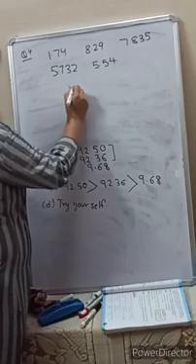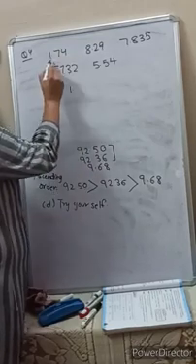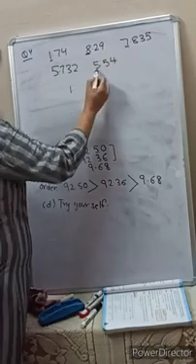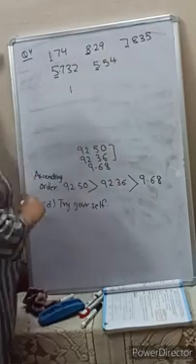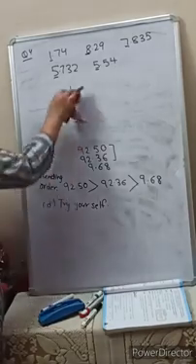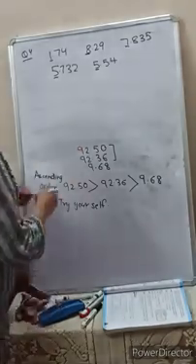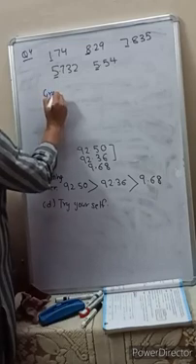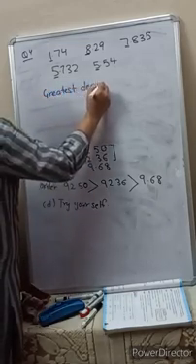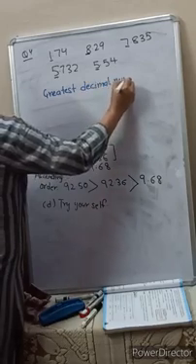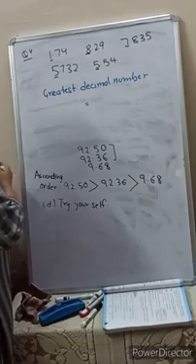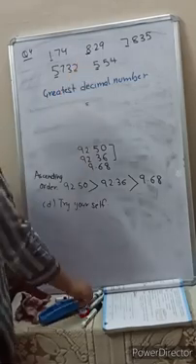We have 1.74. Let's look at the whole number part. This is 1, 8, 7, 5, 5. So which one is the greatest decimal number? Let's write here, greatest decimal number. What is that? That is 8.29.